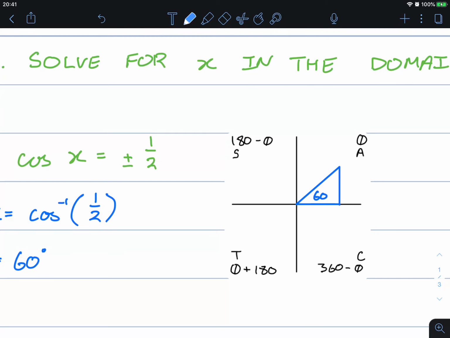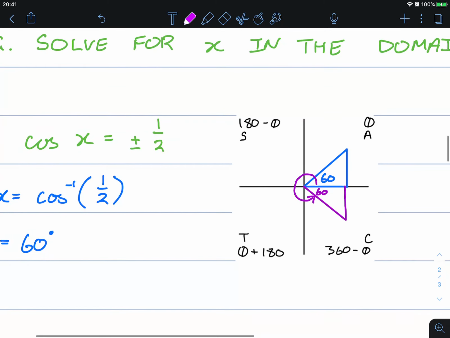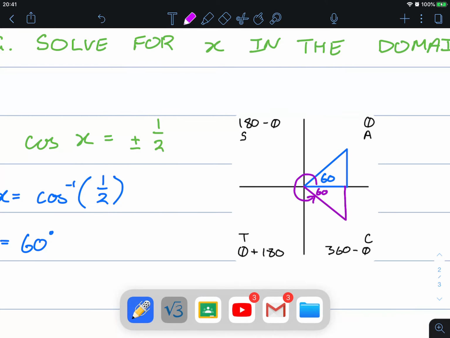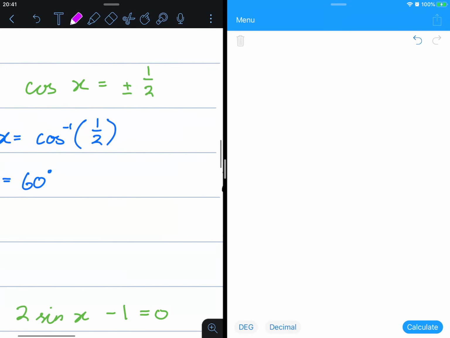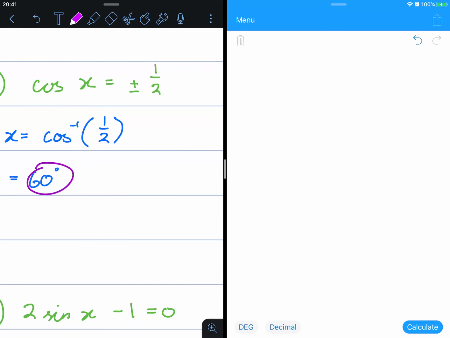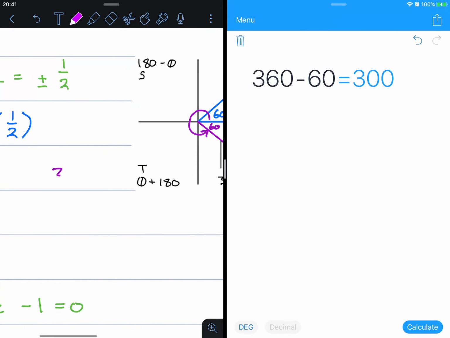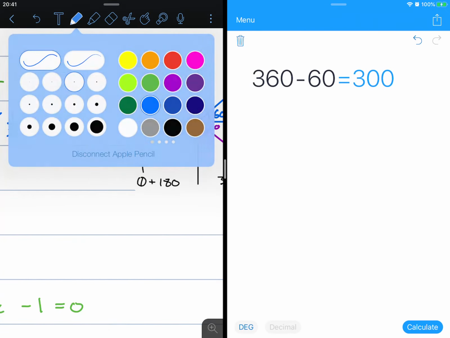However, can you see how if we drew the triangle in the fourth quadrant and measured this angle, this would also give us positive half. So to find that angle, we just do 360, take away 60 degrees. That's just 300 degrees. This in blue.